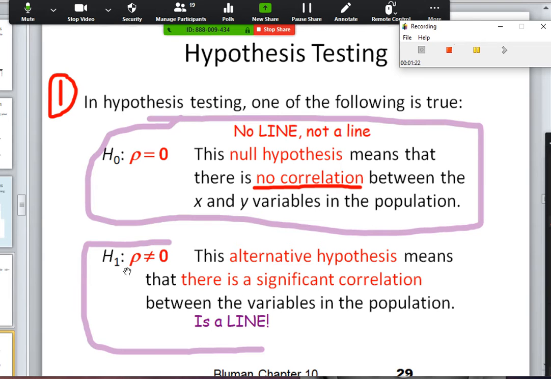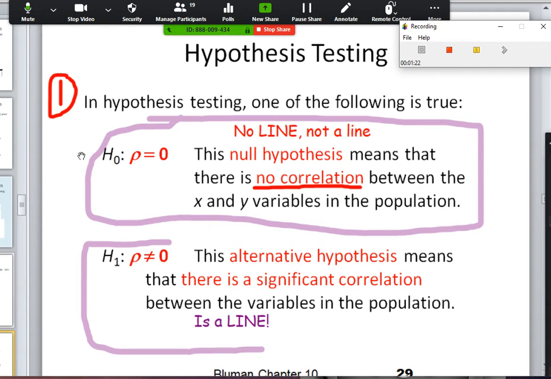So H1 is a line: rho is not equal to 0, rho is closer to 1 or negative 1. H naught is that rho is equal to 0. It's not a line. No correlation.